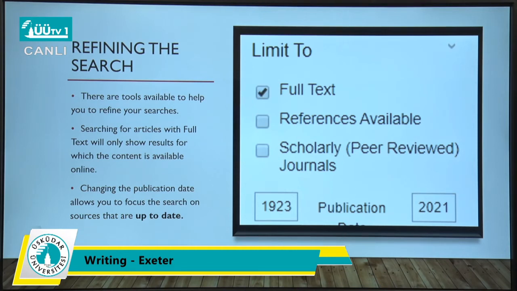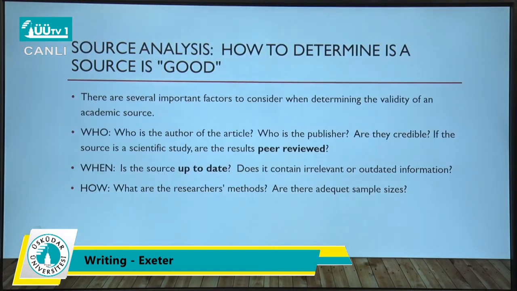Changing the publication date allows you to focus the search on sources that are up to date. In order to have up-to-date sources, you should change the date. If you change the date to the recent ones, you can have the updated ones as well. And of course, you need to have full text if you want.